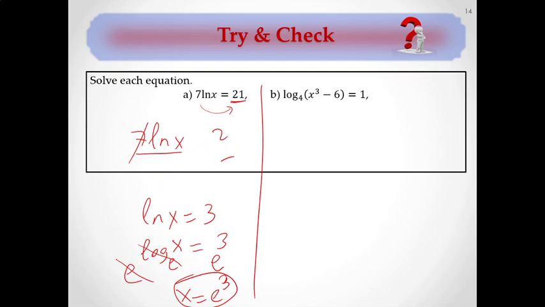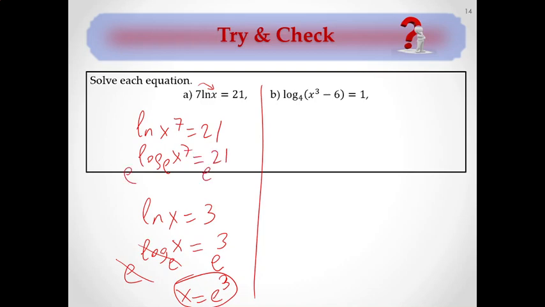I know some of the students try to do it this way first. That's also another way of solving it. This way you will come to 21 and raise it to e to 21, and then there's a cancellation here, and we end up with x to the 7 equal to e to 21.